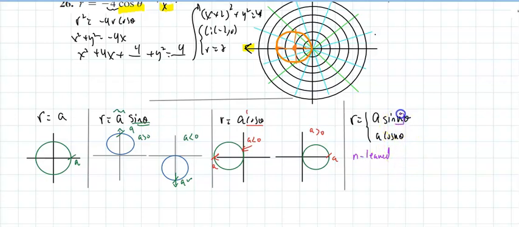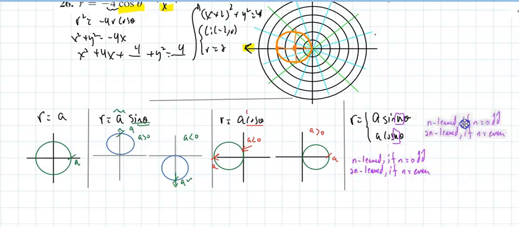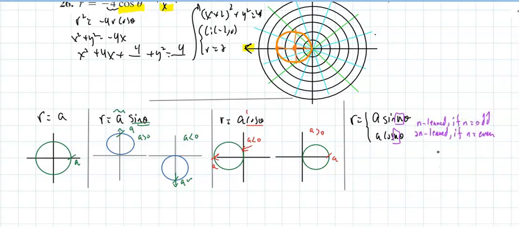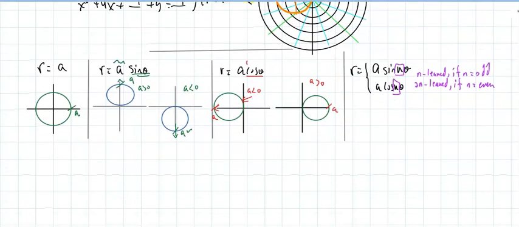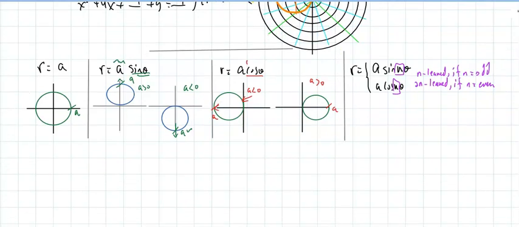This is an n-leaved graph if n is odd, and it will have twice as many of those leaves or petals, whatever you want to call them, if n is even. Now let me see if I could fit that in front of it. That will look really nice. Oh, look at that. What do you know? Gorgeous.